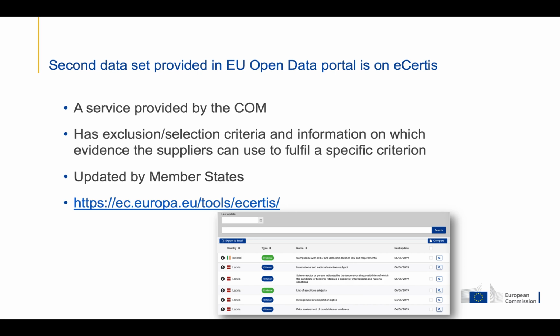And here as well, I will show you how it looks. This is how the data set looks for eCertis. You have 3 worksheets. One is for the criteria that the member states are providing. The issuing bodies, you can't read it, but if you export, you can see it yourself. And information about the actual evidence. So this is another data set that you can work with.